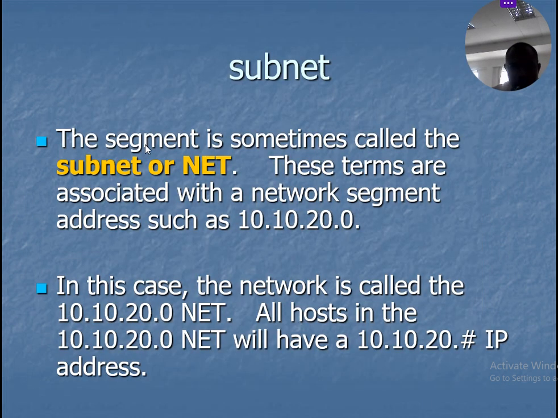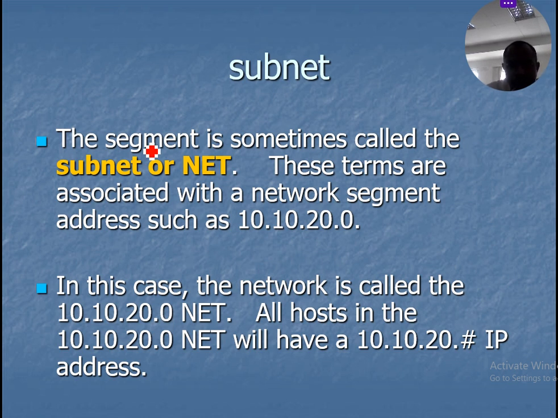So segments are actually called subnets. Segments in a network are what we call a subnet or net. We can simply call them net, or we call them subnet. So every segment is simply called a net or a subnet.